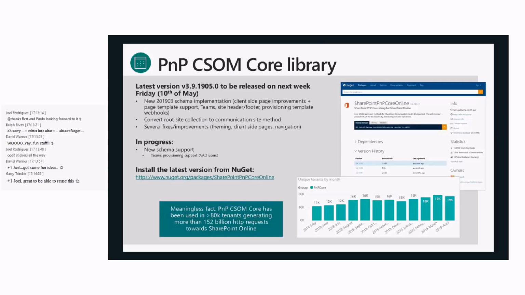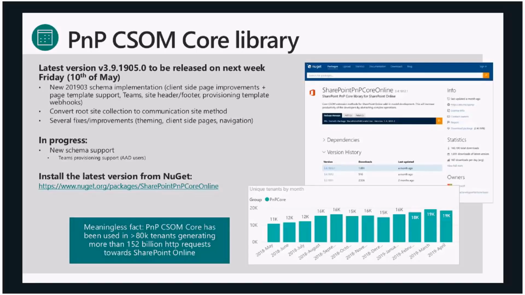So that has been announced, that you can upgrade if you have an older template with a regular team site as the root site collection. Folks want to have a nice communication site in there, and we finally have an upgrade method for that. And then there's a whole list of smaller fixes in the theming area, client-side pages area, navigation, done by several people, so thanks for that.